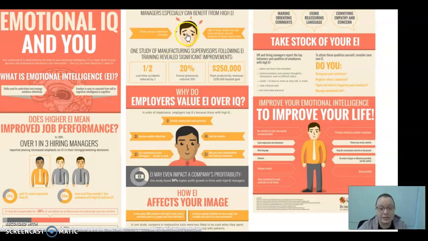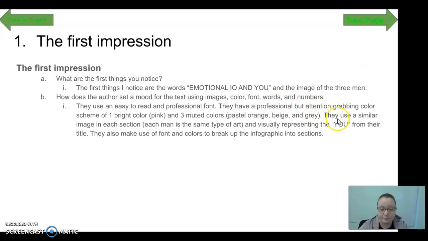So that brings your attention to this, as opposed to you just looking at some picture of a man, is bringing your attention to his facial expression. So that is helpful that they have used the same consistent art throughout the infographic. Also, this image can be the visual representation of you from their title. So remember, their title is Emotional IQ and you.